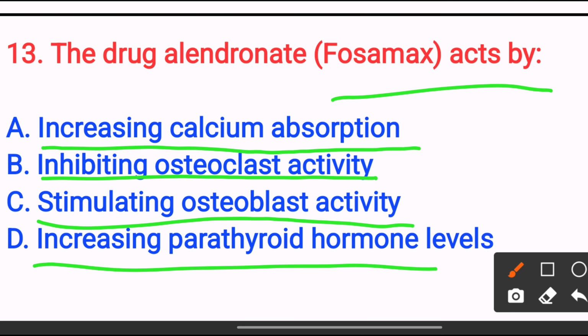The answer is option B, inhibiting osteoclast activity, because alendronate, a bisphosphonate, suppresses osteoclast-mediated bone resorption, thus increasing bone mass density. So the answer is option B.